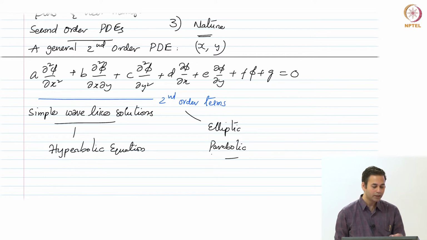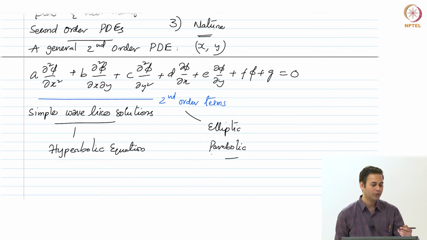Now, what has gone in behind this, which we are not discussing, is that whenever you have a hyperbolic equation, there could be discontinuities across, for example, shock waves. If we consider these shock waves as characteristics, there could be discontinuities across these characteristics.